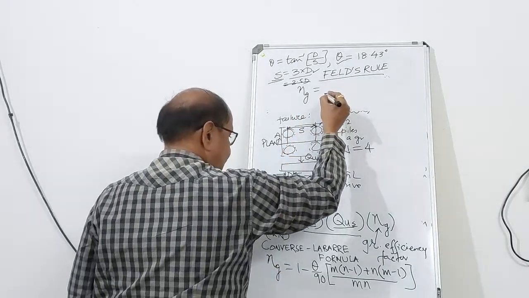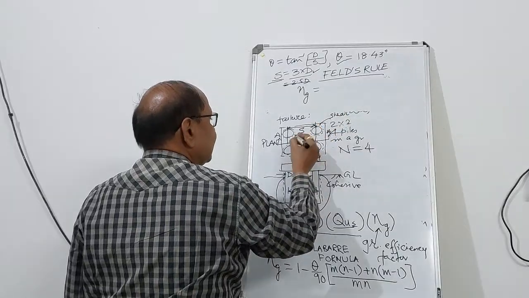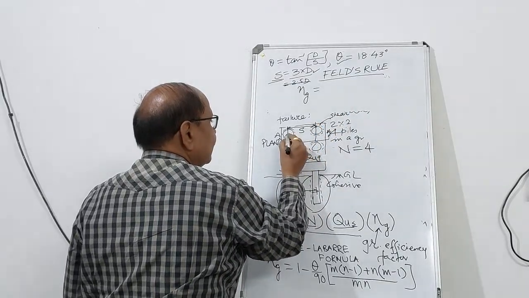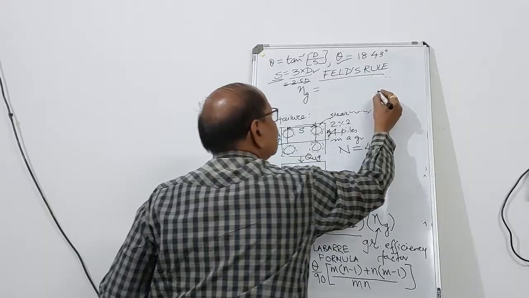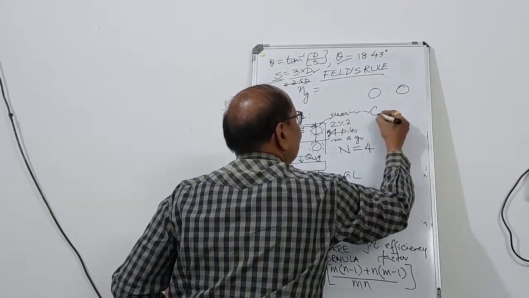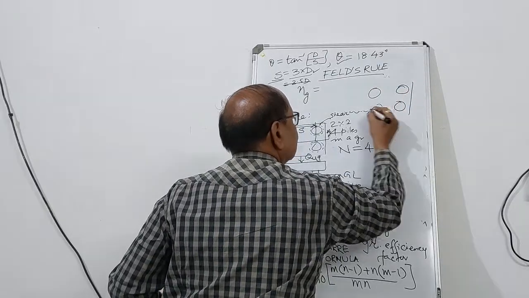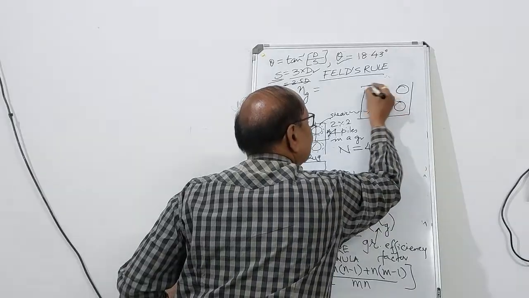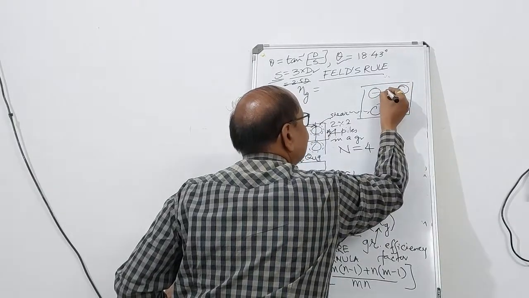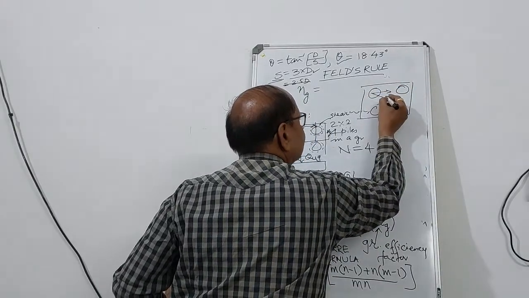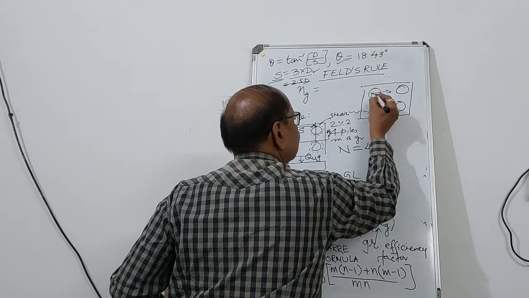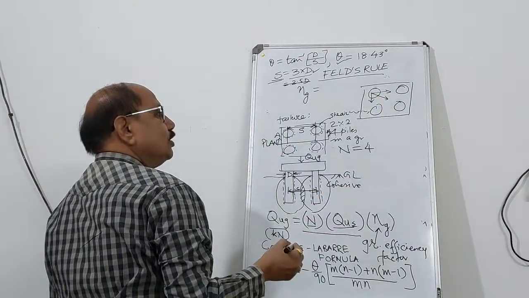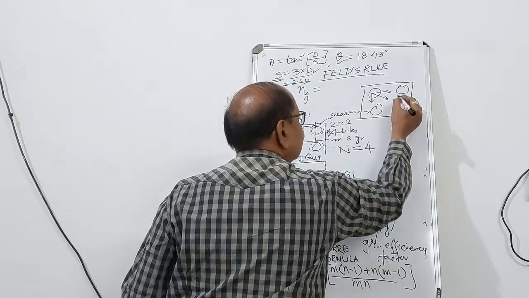So here you can see that each pile has got interaction. If I have got 4 piles, it has got interaction with this, interaction with this, interaction with this. So each pile has got 3 interactions.